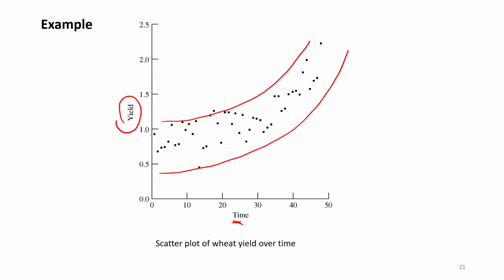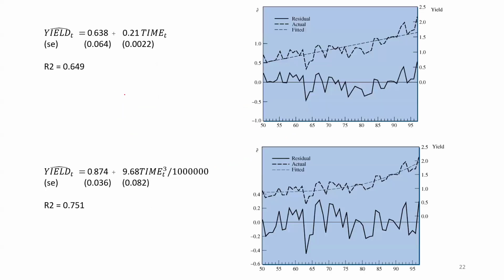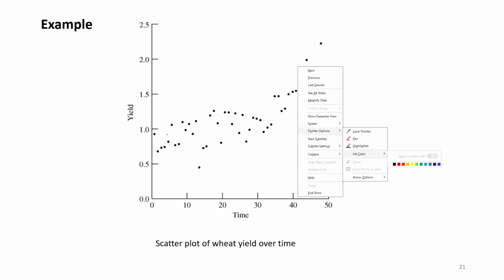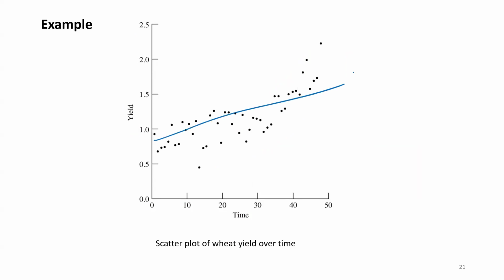But let's see what happens if we use the wrong functional form by making it linear. After you face this figure, you try to use linear. Is it correct? Maybe not, right?